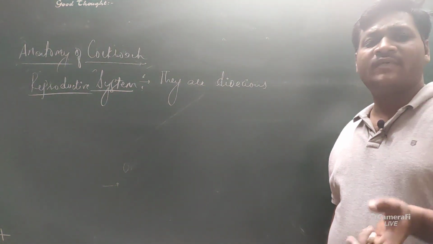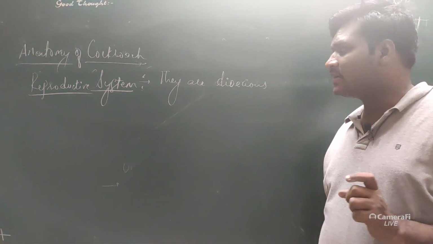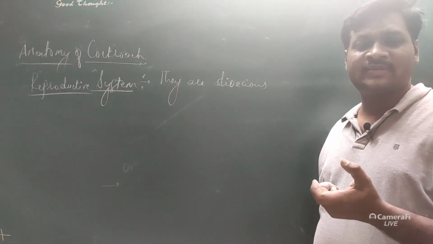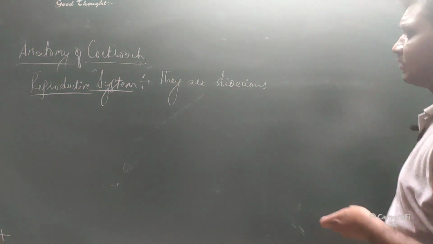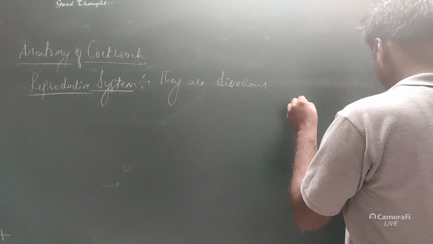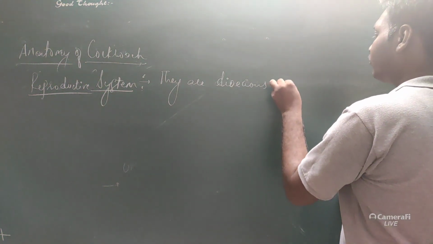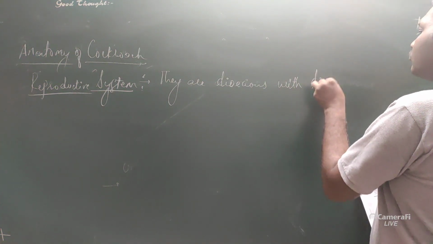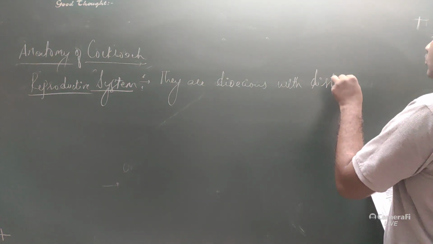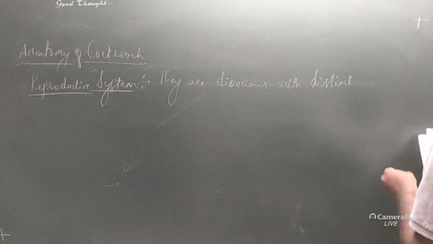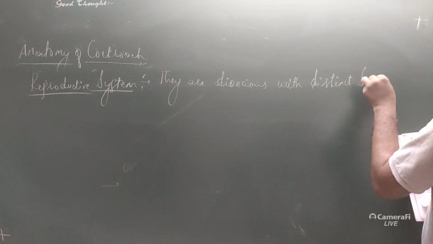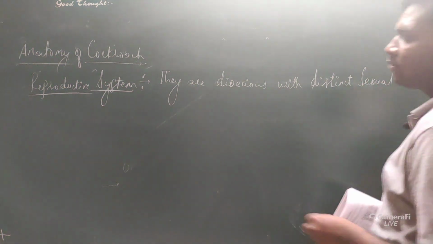Monoecious in the sense when both the organs are present within the same organism, and dioecious in the sense they show sexual dimorphism, that is the male and female are distinct. Okay, so they are dioecious with distinct sexual dimorphism.